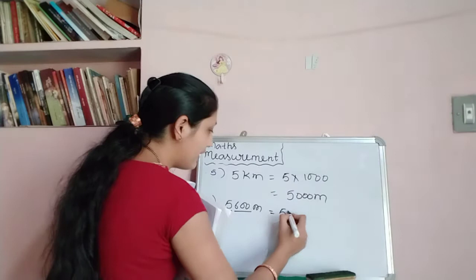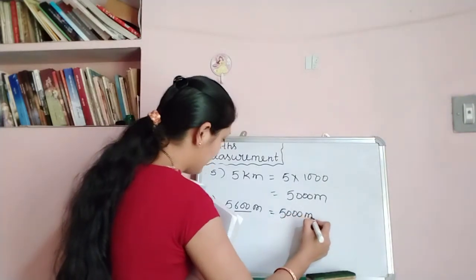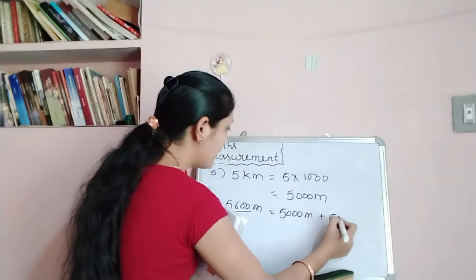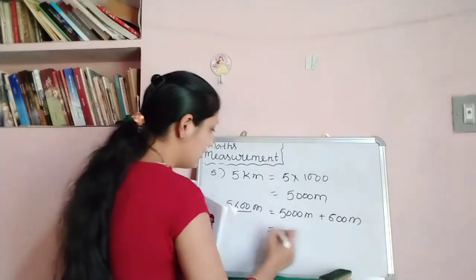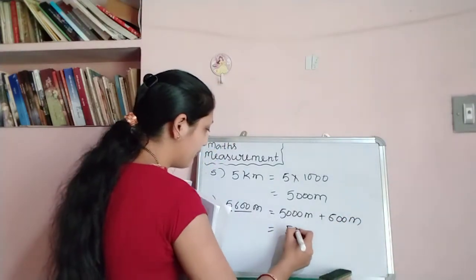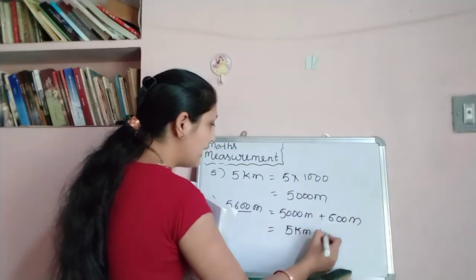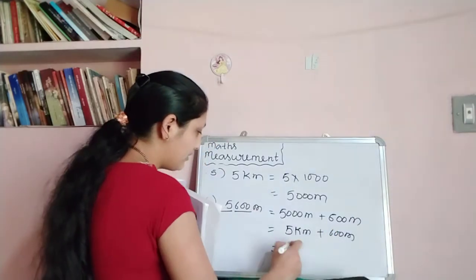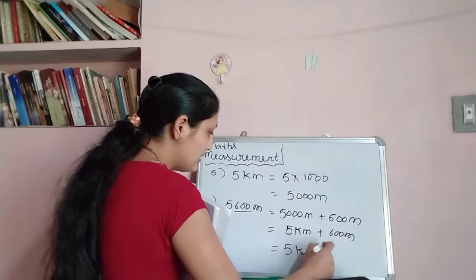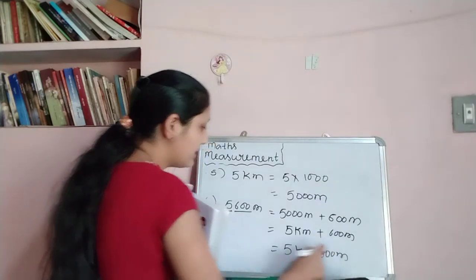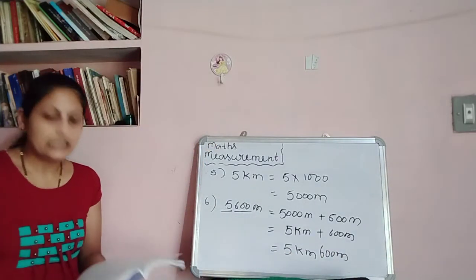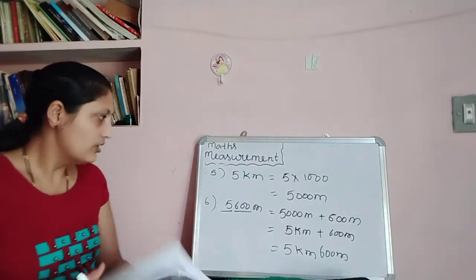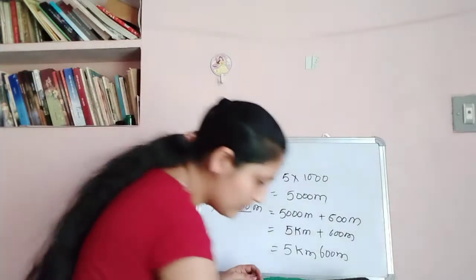So this is 5000 meter plus 600 meter. 5000 meter is nothing but 5 kilometer, plus 600 meter. So the answer is 5 kilometer 600 meter.